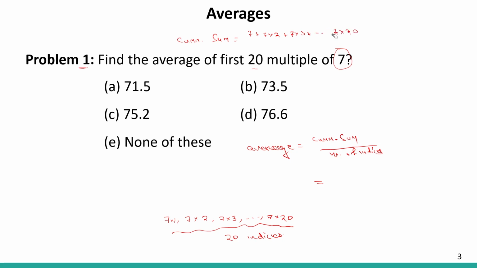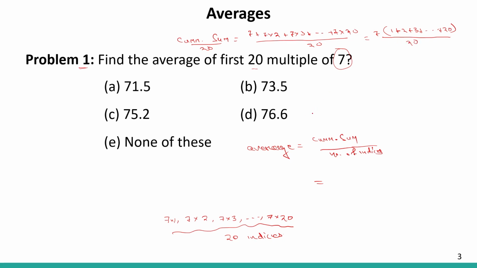So we can write it like this, divided by 20 to calculate the average. Taking the 7 common, we are left with 1 plus 2 plus 3 plus up to 20.